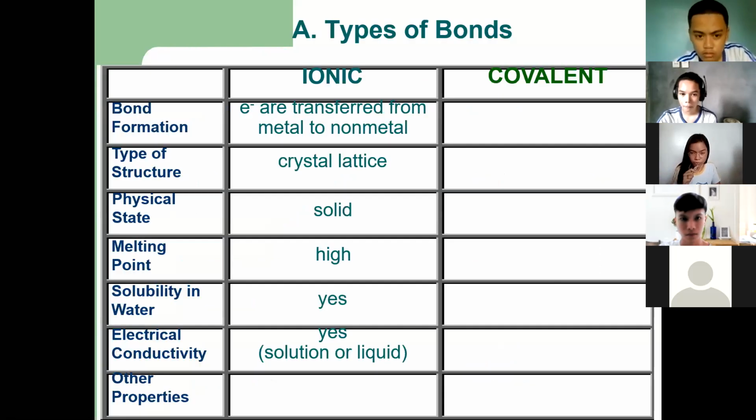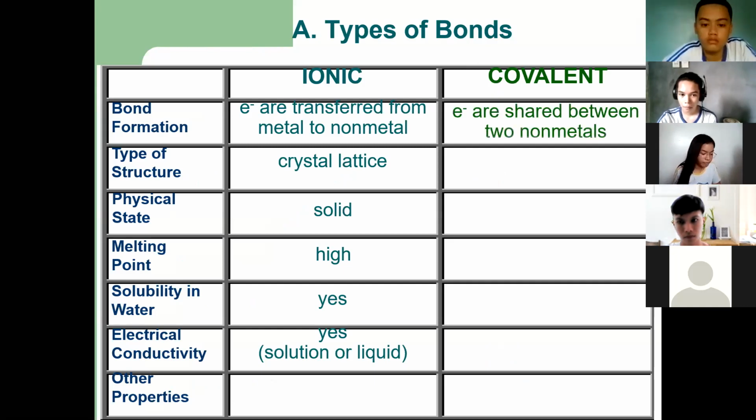Let's now complete the table from a while ago, class, when we discussed the ionic bond. The type of bond present in an ionic bond is a transfer of electrons between metal and nonmetal. For covalent bond, this is sharing of electrons between 2 nonmetals. The type of structure in an ionic bond is a crystal lattice, but in a covalent bond, it's just a simple illustration of molecules.